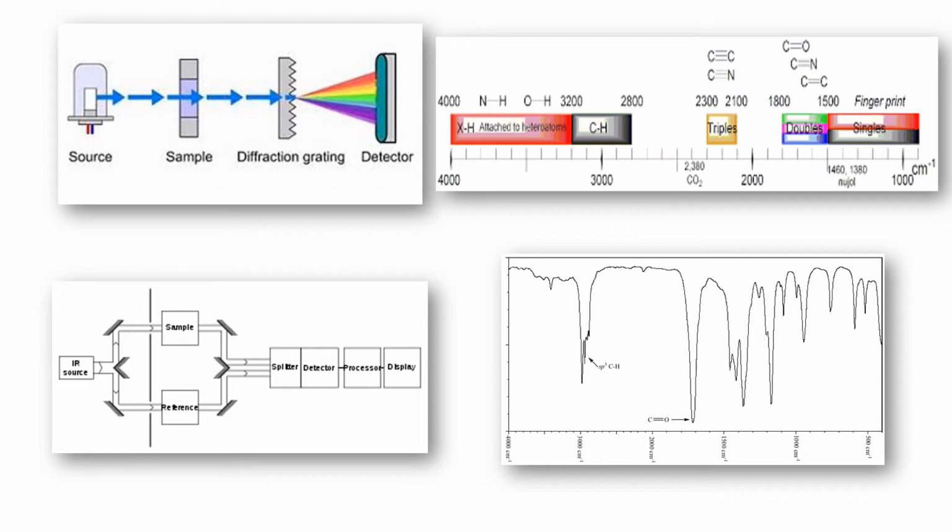The reference is a KBr sample used as a reference. The signals are compared in this area, then split by the splitter, and finally detected, processed, and displayed.